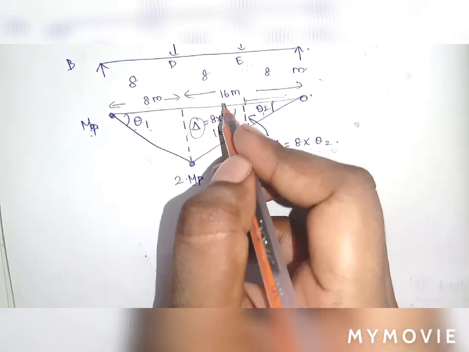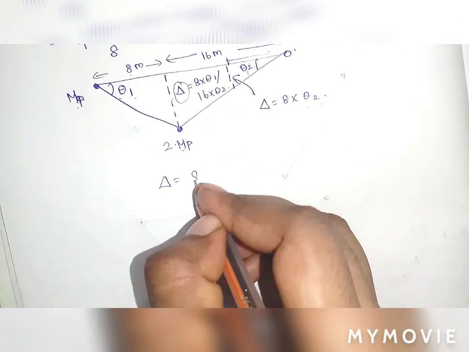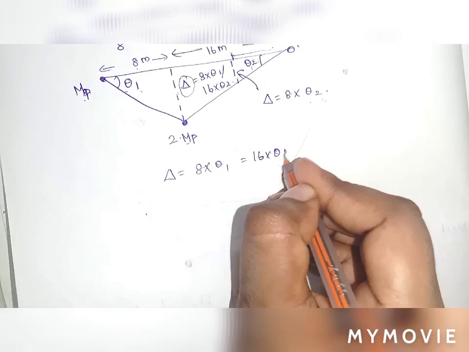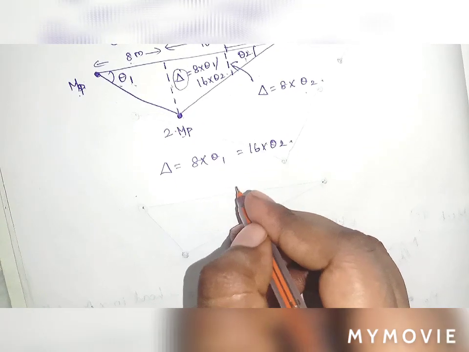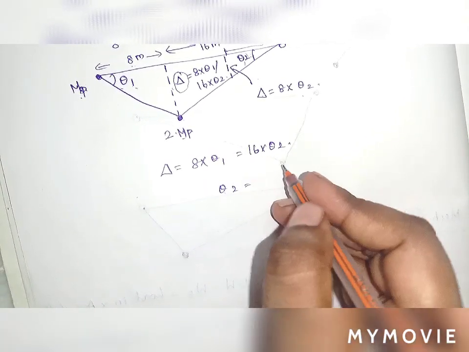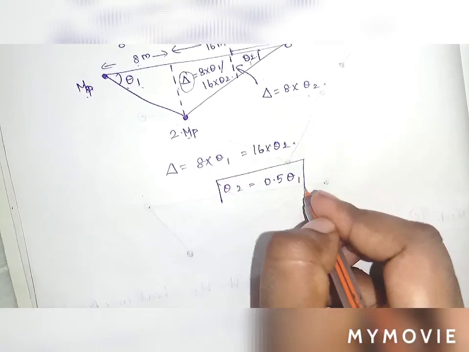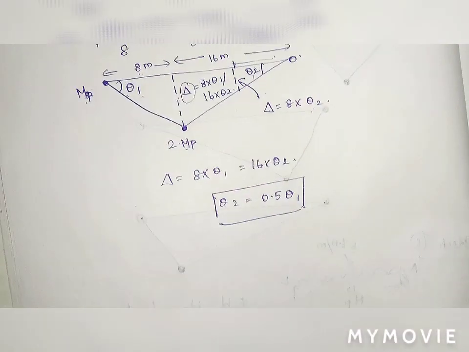It is equal to 8 into theta 1 or 16 into theta 2. Hence delta is equal to 8 into theta 1, which is equal to 16 into theta 2. So equate both the things. Hence we will be getting theta 2 is equal to 8 by 16 into theta 1, which is equal to 0.5 theta 1. So wherever theta 2 comes, you can substitute it as 0.5 theta 1.